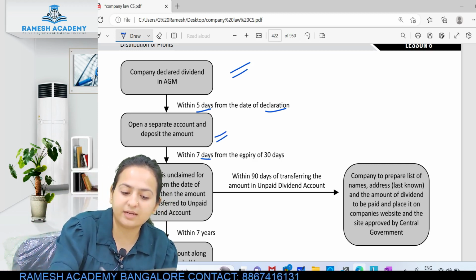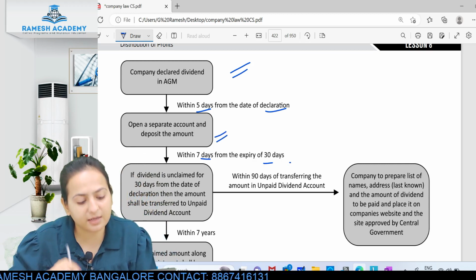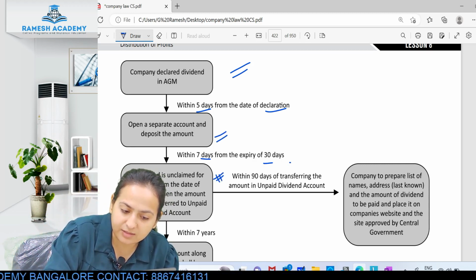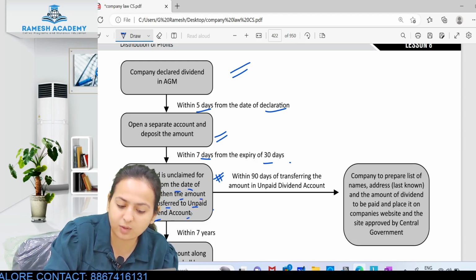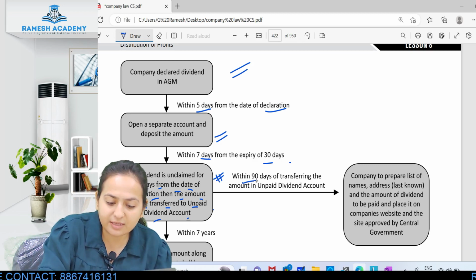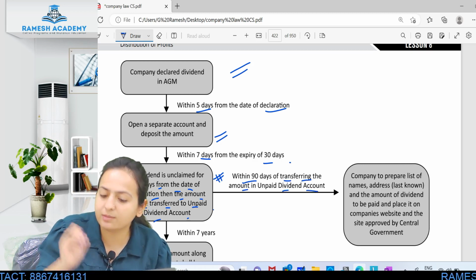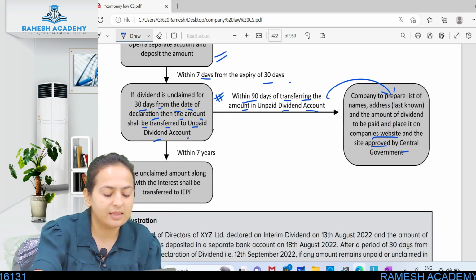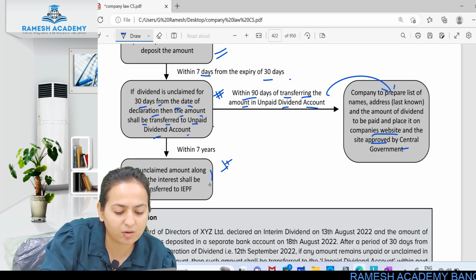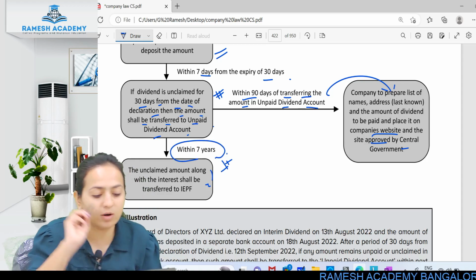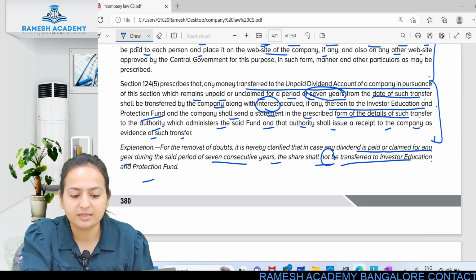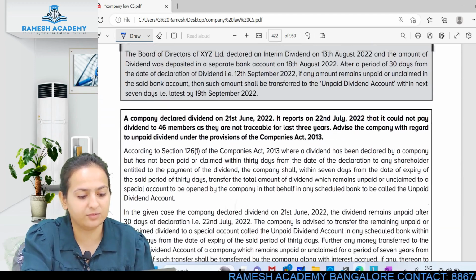Now, within 7 days from the expiry of the 30 days, if the amount is unclaimed within 30 days from the date of declaration, then the amount shall be transferred to the unpaid dividend account. Then within 90 days of transferring the amount to the unpaid dividend account, you will prepare a list and place it on your company website. Then the unclaimed dividend account along with the interest shall be transferred to IEPF after the expiry of the 7 years.